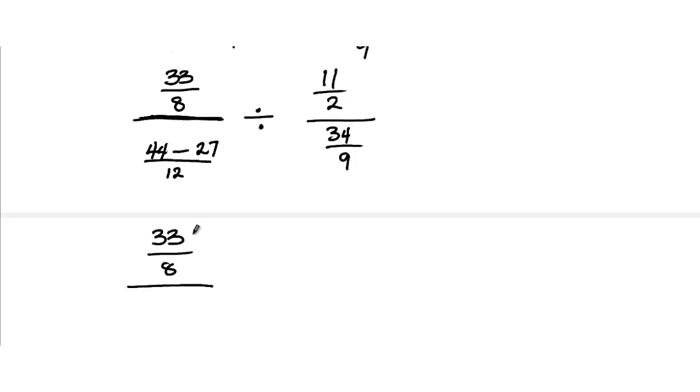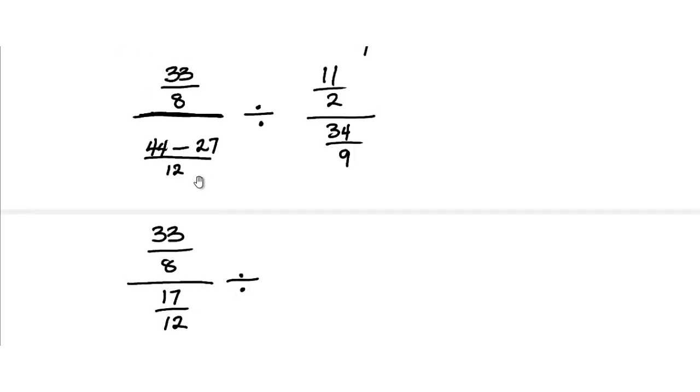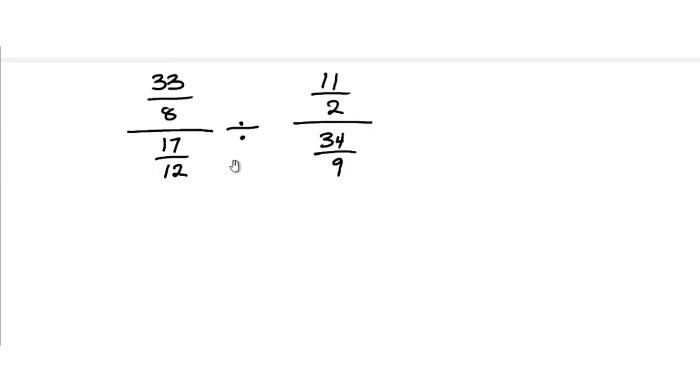That will give us 17. So we have 17 over 12. Then divided by 11 over 2, then divided by 34 over 9.